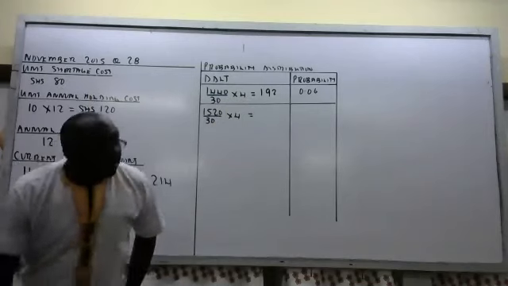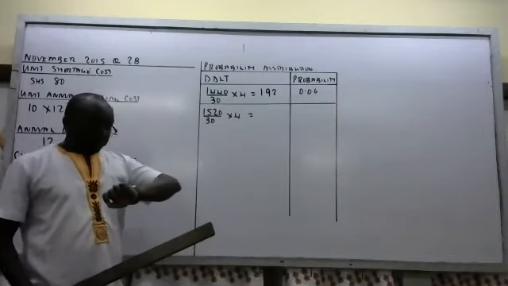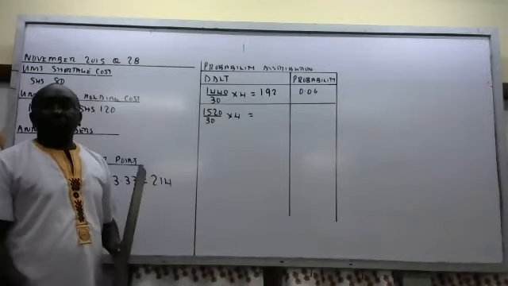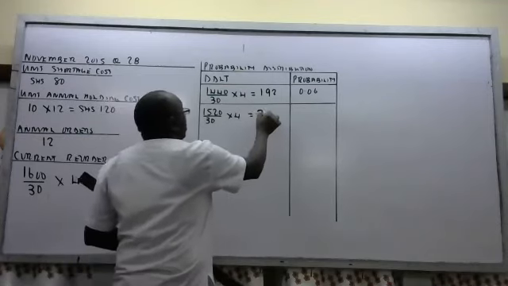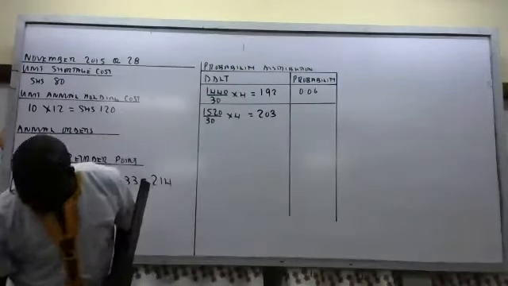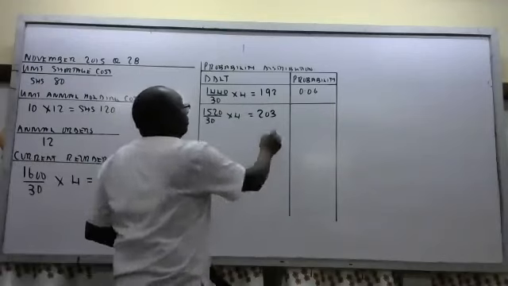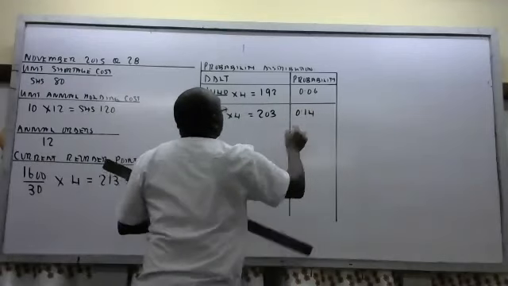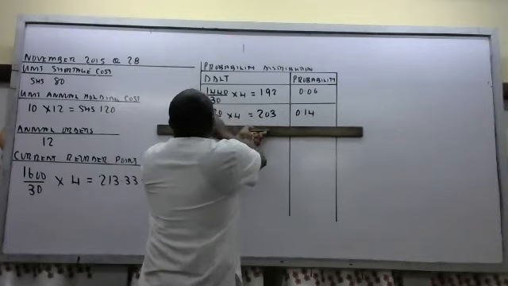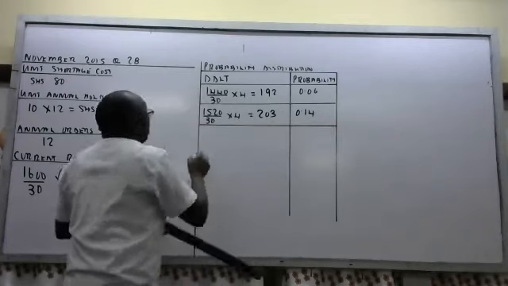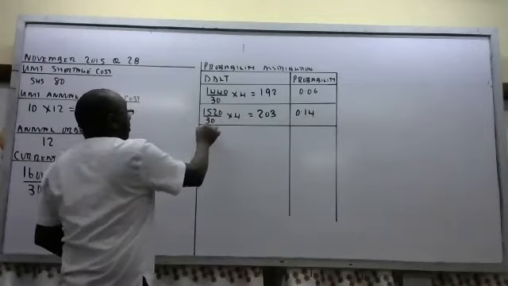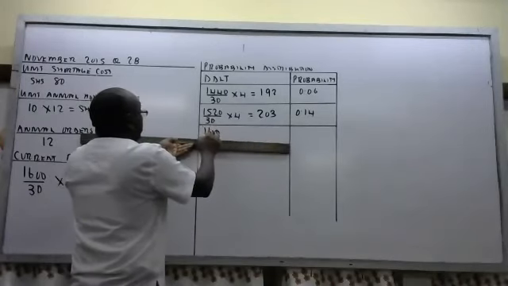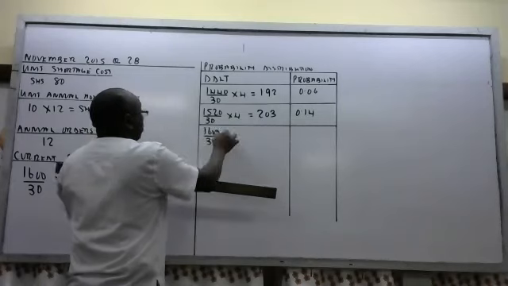So how much does this one come to? 203, and the probability is 0.14. Okay, the next one is 1600. You divide by 30, multiplied by 4.